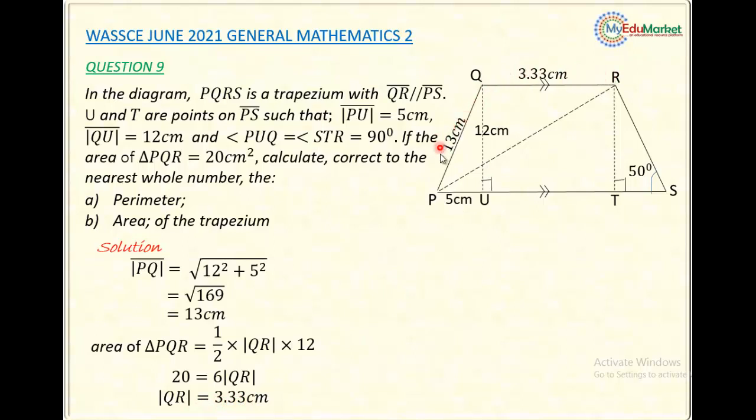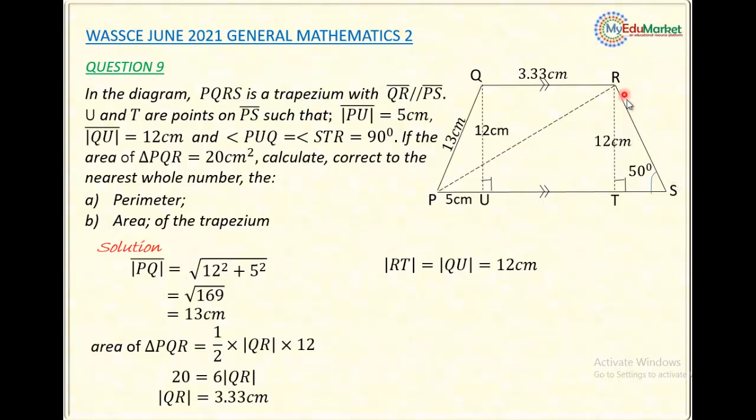So I have two sides now, PQ and QR. Remember, I'm trying to answer question A, the perimeter of the trapezium. If I can get the other two sides, I'll be done. Next is to get the length RS.